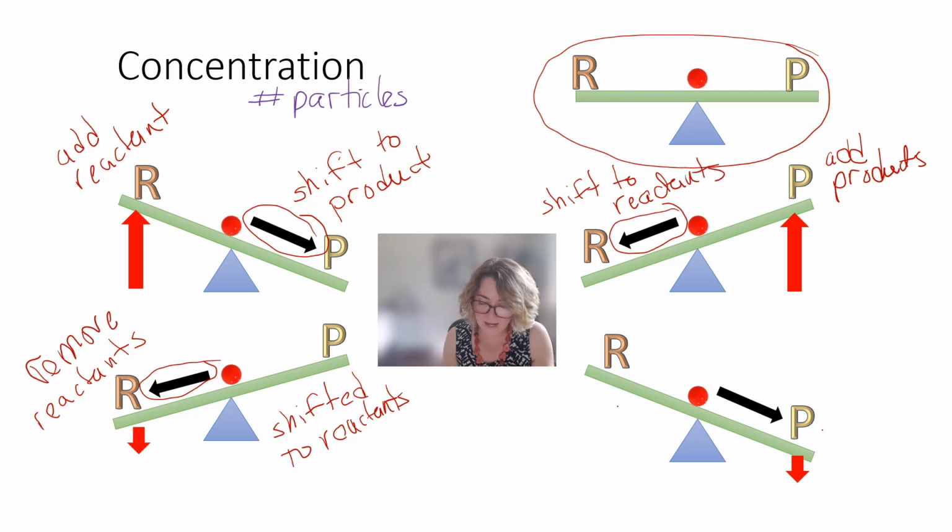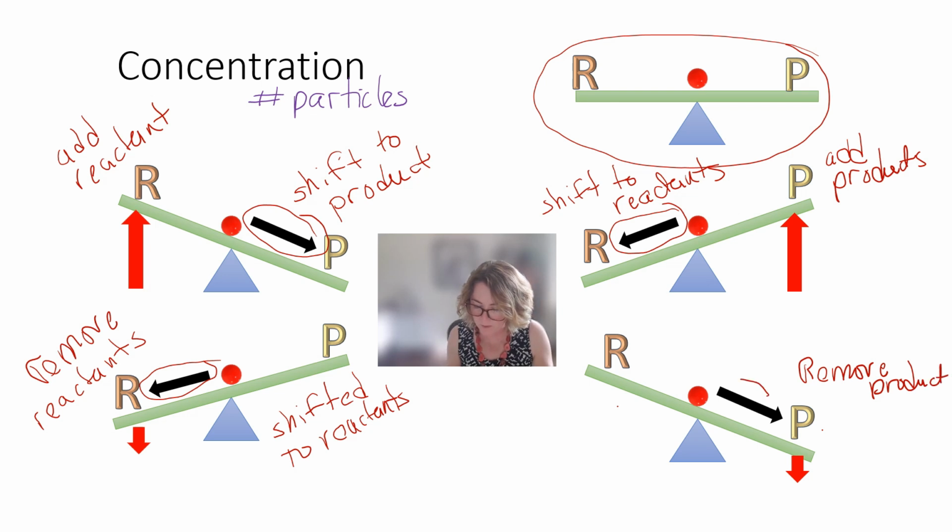Okay, so it's the same exact argument. More product is going to react to create more reactant. And again, until I lift up that reactant side so that I'm back to even. I'm back to a nice flat teeter-totter. The same thing is going to happen when I remove my products.